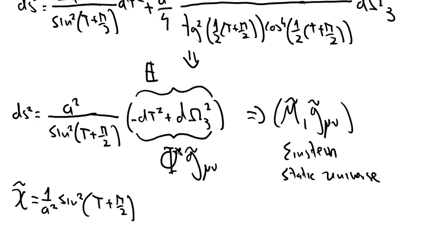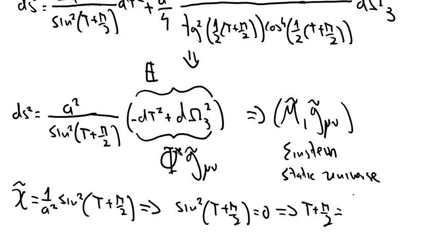Here it is easier than in the case of Minkowski because we have only one coordinate involved, which is the t. All very simple.